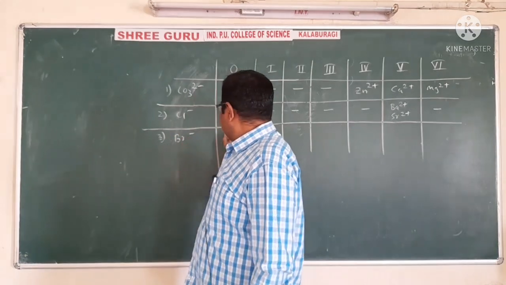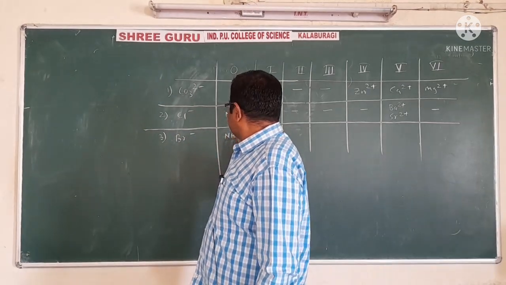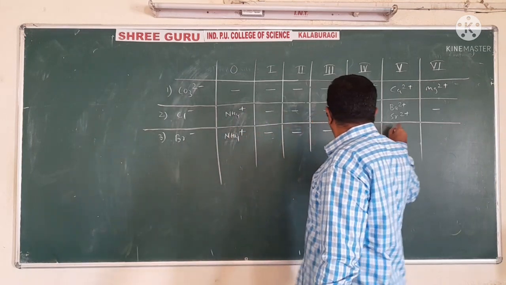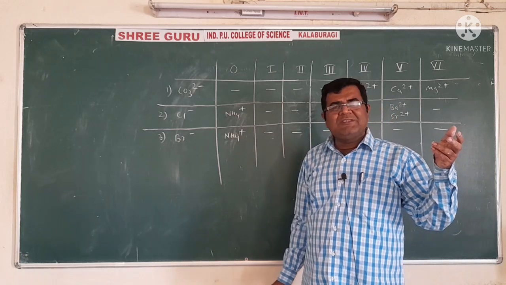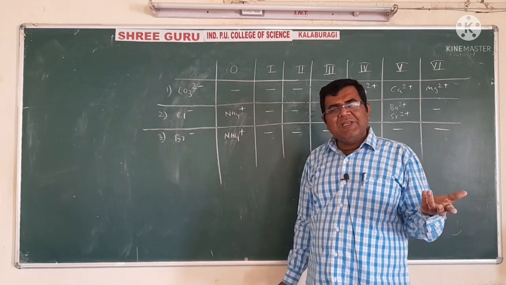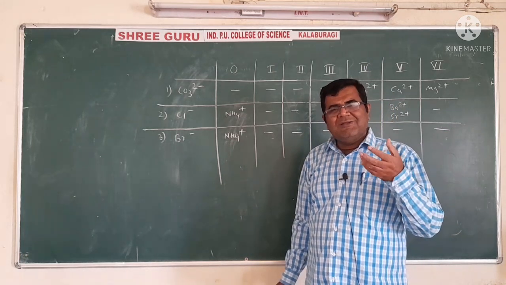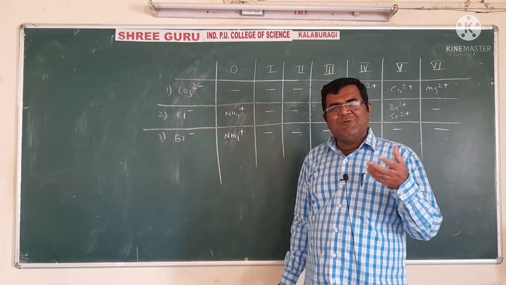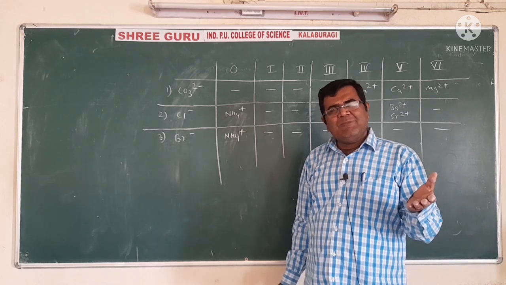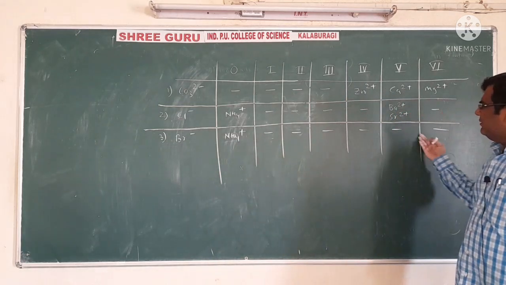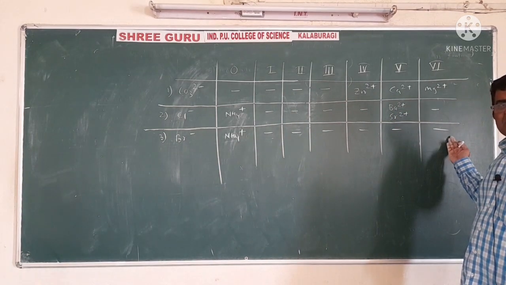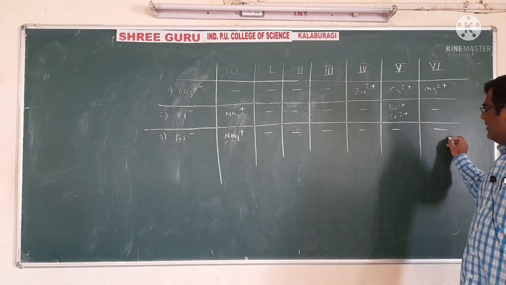With bromide, there is only one possibility, which is ammonium. So once you get that reddish brown gas with concentrated sulfuric acid, you are very lucky. Of course, that gas has a very pungent smell, you have to bear that. But once you get that bromide, only ammonium. There is no other radical present in our syllabus in combination with the bromide.